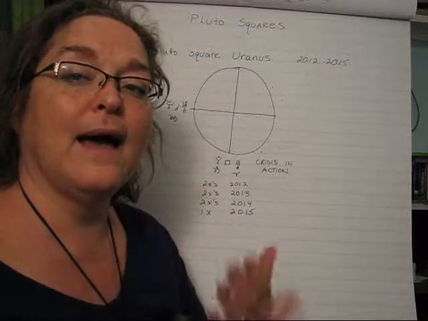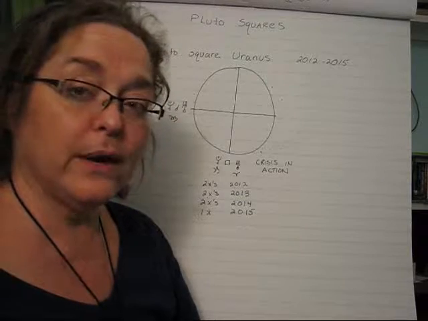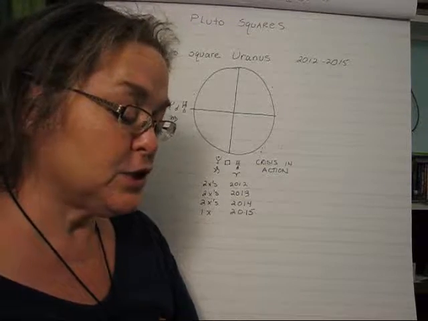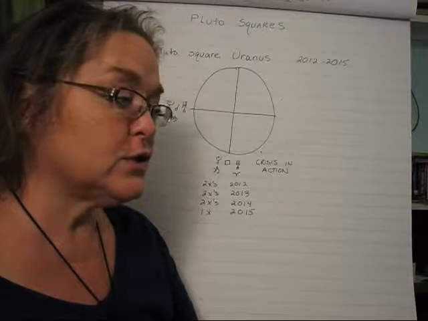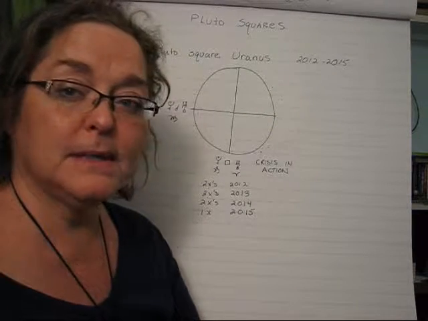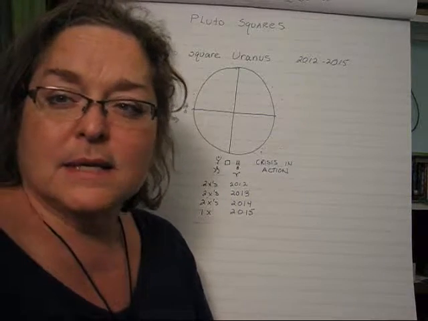And so we have these squares. We have a crisis in action square that is pushing our evolution and requiring us to take actions on the seeds planted back in the 60s. That's why a lot of the energy that we're seeing now seems familiar.